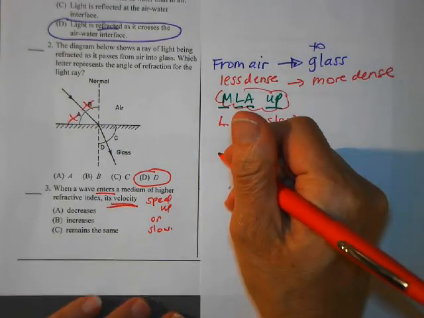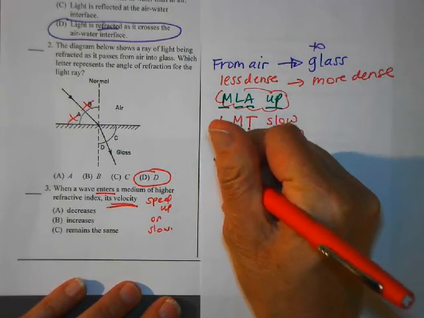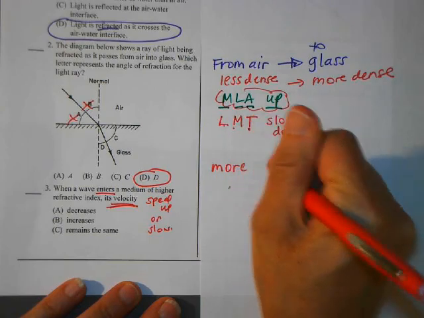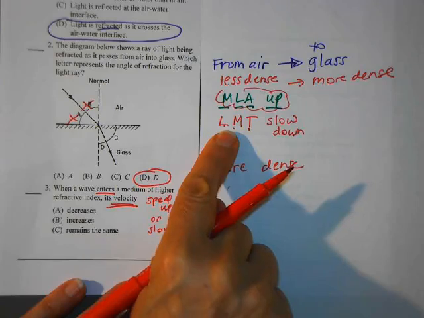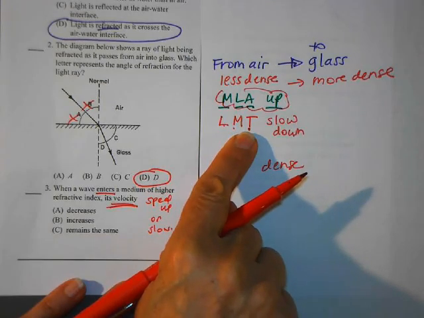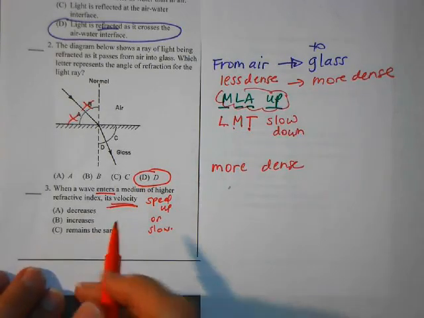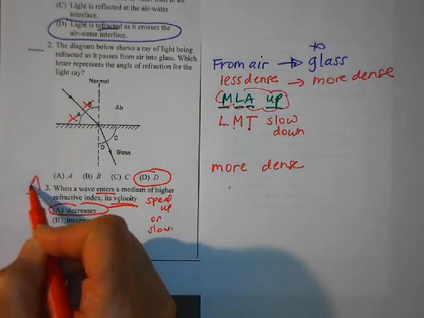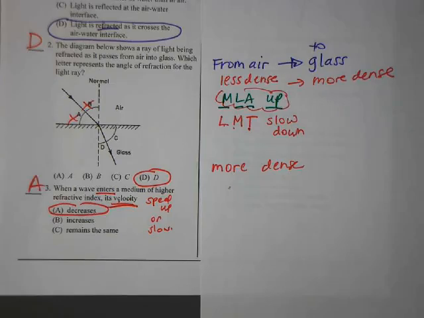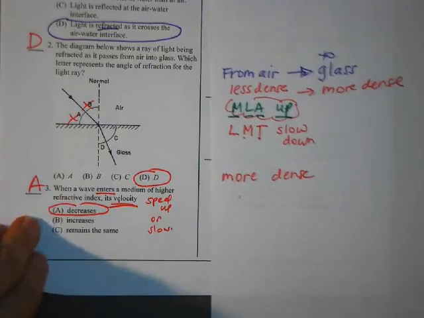A higher refractive index means it's more dense. So I'm going from a less dense to a more dense. I'm going to bend towards the normal, and I'm going to slow down, which means that the velocity, the speed, is going to decrease. You just have to think about it. All right.